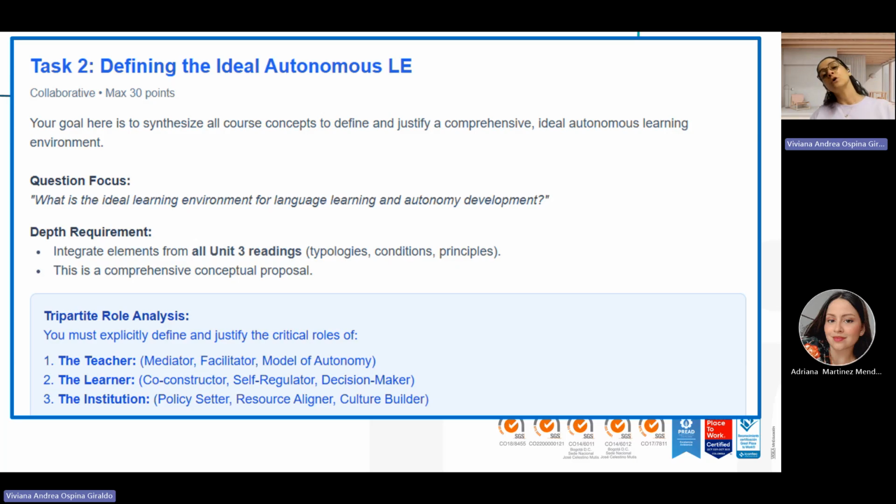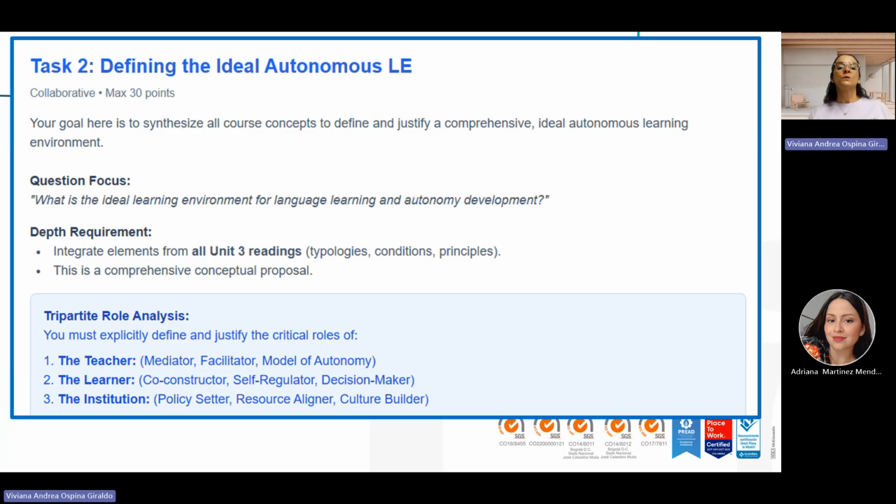And I urge you to, of course, read, work with the references, and come to final focus where you can learn to give an approach to this question that I'm posting right here. What is the ideal learning environment for language learning and autonomy development? So when we think of an ideal learning environment, we need to focus on those factors that we are going to find in the references that we are to read.